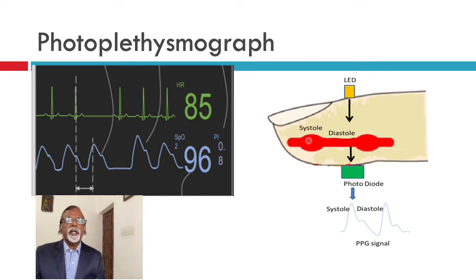During systole and diastole, the blood vessel size is changing, and this is shown as a graph below. Above you can see the electrocardiogram. ECG also can be seen in some machines. Hope this point is clear. That is a photoplethysmograph.